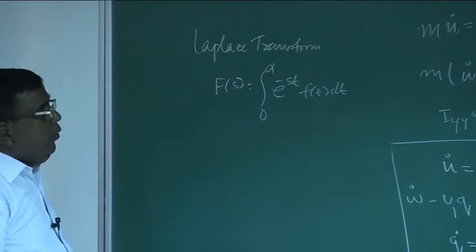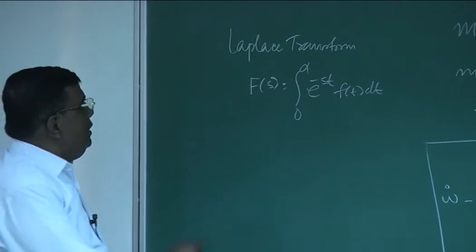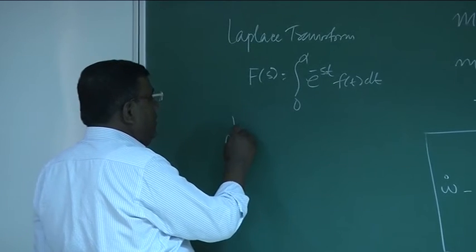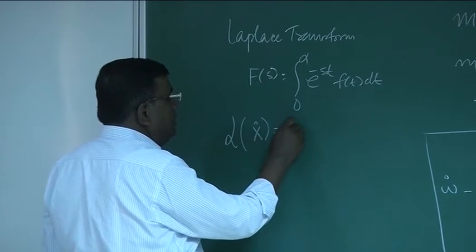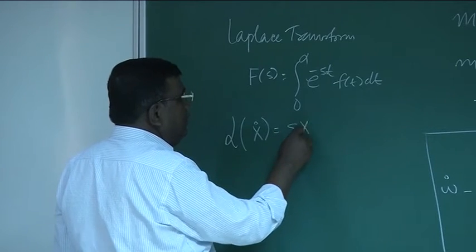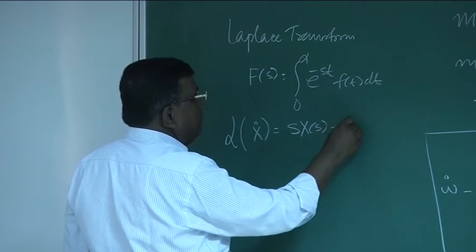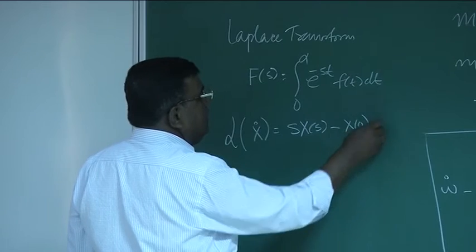What is the advantage? If you recall, with Laplace as the operator, Laplace of x dot is nothing but s x of s minus x of 0, which is the initial condition.